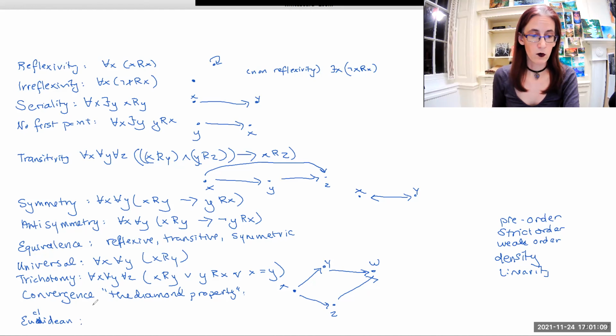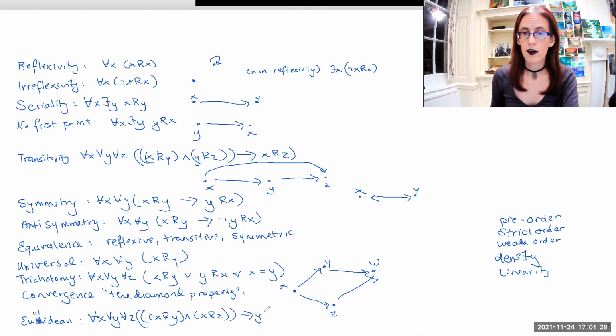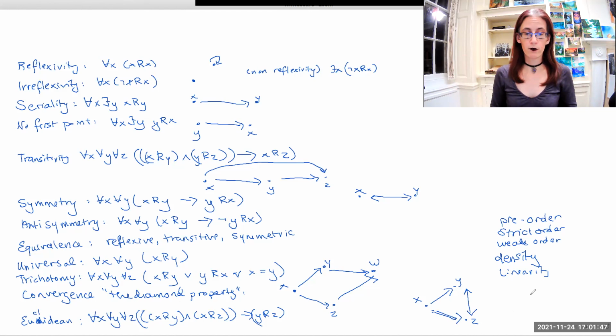A Euclidean relation is the one where for every X, Y, and Z, if X sees Y and X sees Z, then Y also sees Z. So it starts off the same as the convergence relation. So X sees Y and X sees Z, but then we just form the triangle by going like this. And because this talks about every X and every Y, we also know that the arrow goes the other direction.